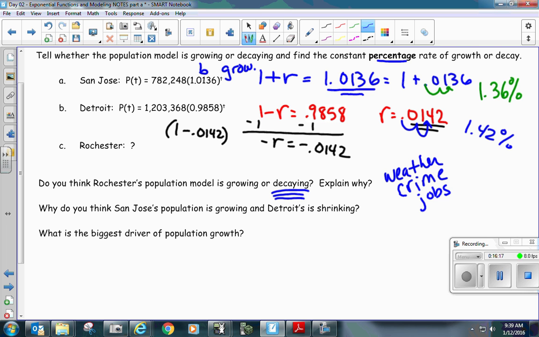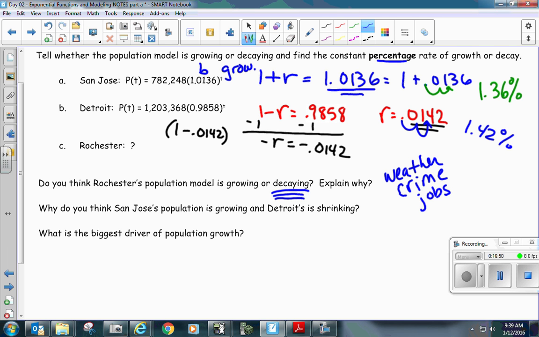All right, well, why do you think San Jose's population is growing and Detroit's is shrinking? Okay, it would take them further to travel to Detroit than San Jose? Okay. Does anyone know what San Jose has over there? That's where Silicon Valley is, where all the tech companies are, and there are always jobs there.